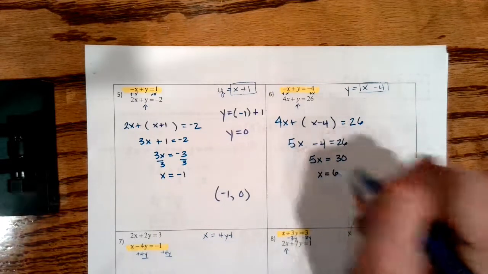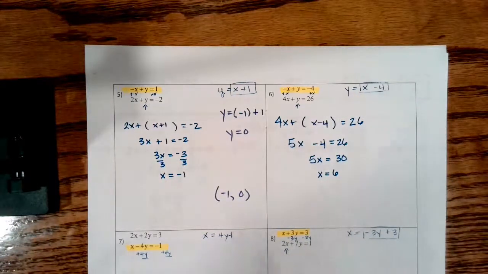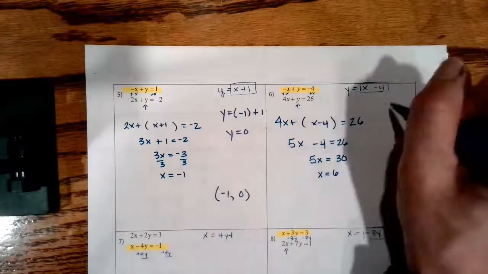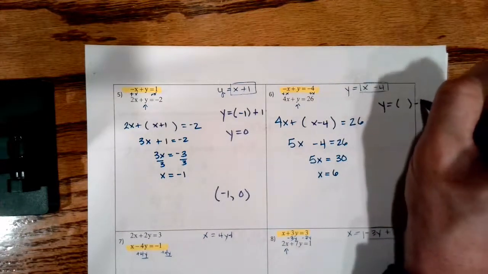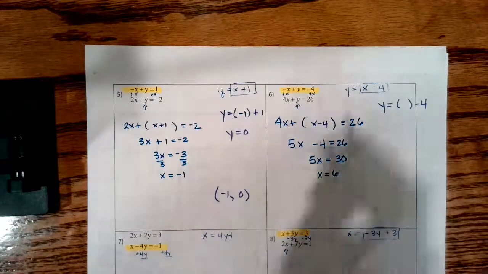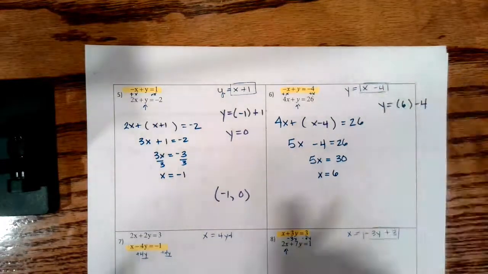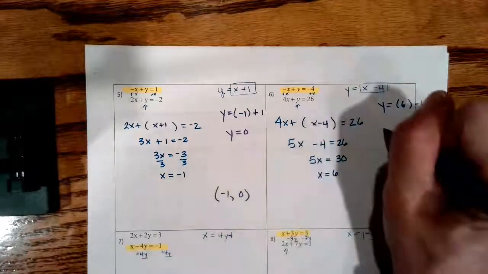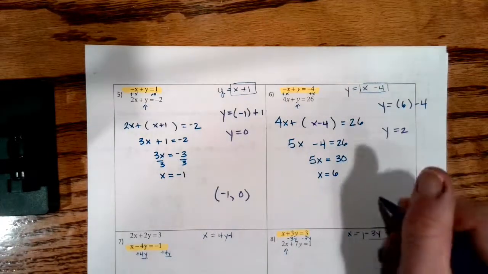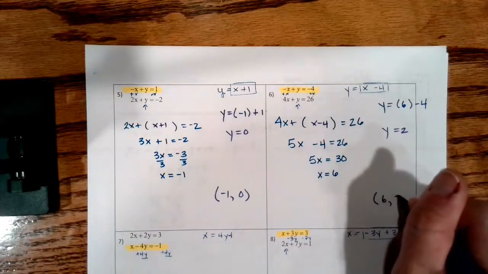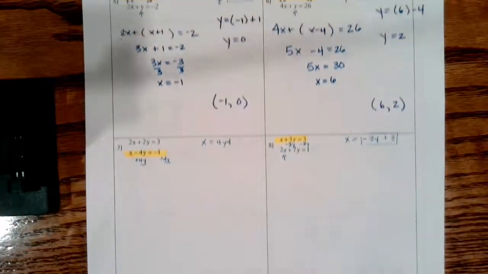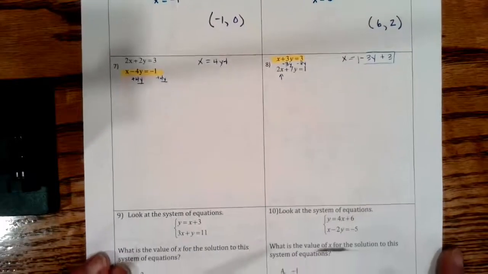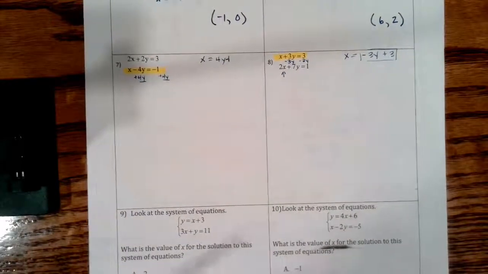Divide each side by 5, and that gives me 6. So when I come up here, I'm going to go ahead and say y is equal to my value of x minus 4. X has a value of 6. Therefore, my y is equal to 2. My ordered pair is 6, 2. That's the solution, the value for both variables that works in both equations.